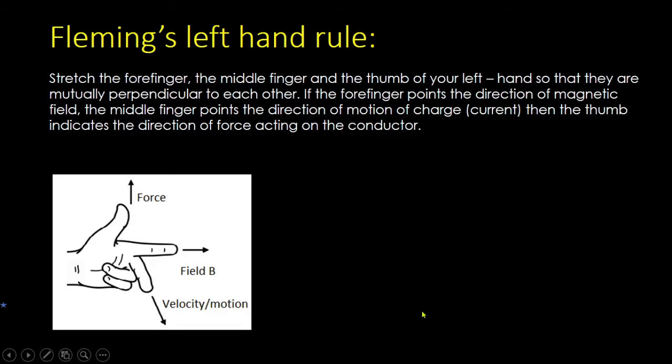Fleming's left hand rule states, if you stretch the first three fingers of your left hand such that the forefinger directs the magnetic field, the middle finger shows the direction of motion of the charge, then the direction of the thumb gives us the direction of the force.